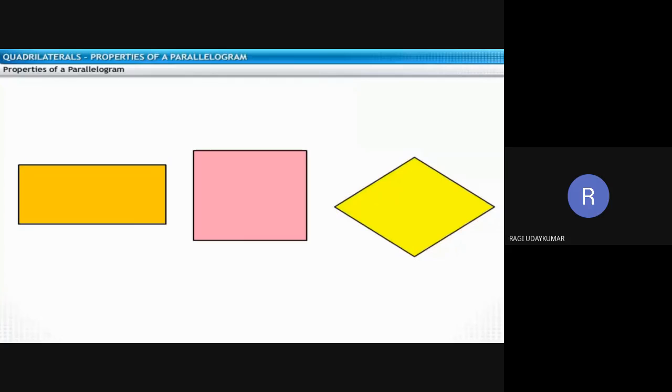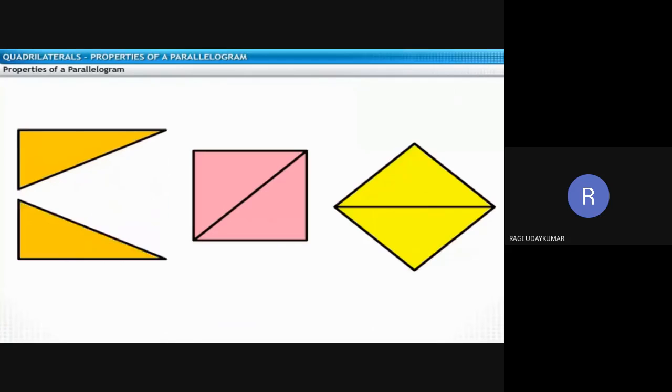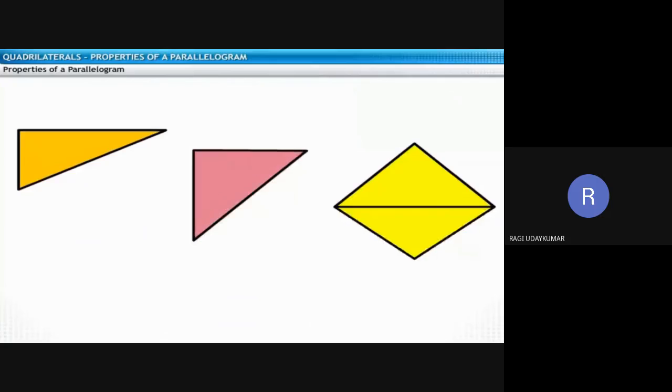Apart from all those properties, these have some extra properties. Did you understand? You should keep this in your mind. So here the diagonal is drawn; in this also the diagonal bisects and makes both triangles congruent.